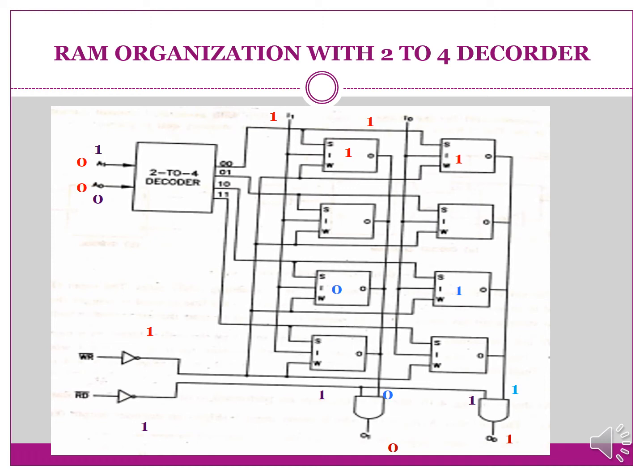If these are 1 and 1, we can say that our data 1, 1 which is available on I0 and I1 is written into your RAM organization. So we can write any data into any row of your decoder like this.